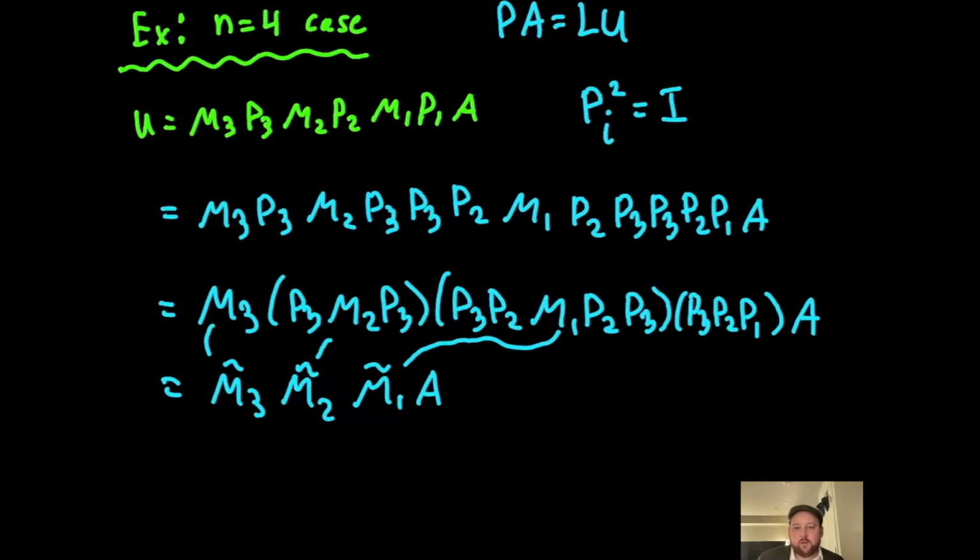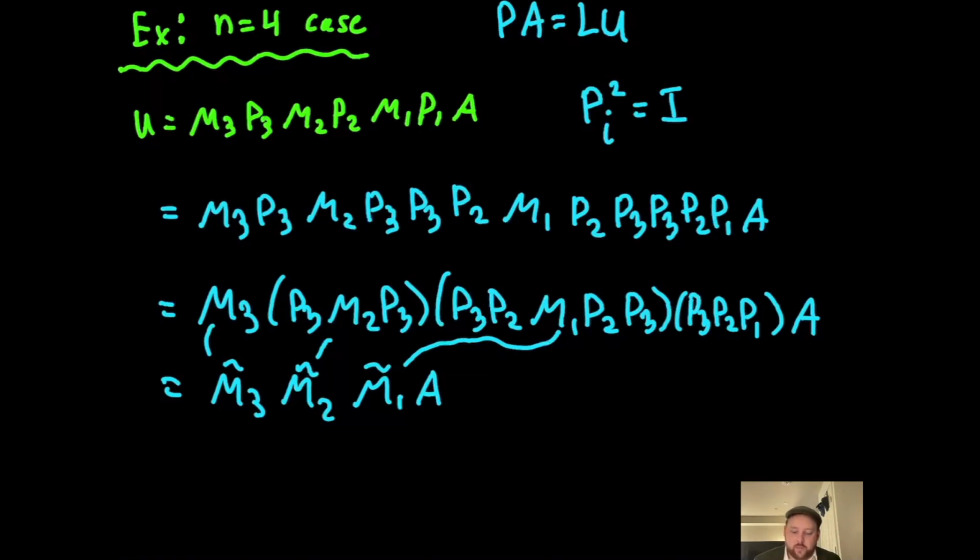If you remember, these elementary matrices looked like the identity within one column where below the diagonal they could be non-zero. So these tilde versions of M are going to be of the exact same structure, but some of those non-zero sub-diagonal entries in that column will be permuted. I'm going to show you an example of this on the next slide. But that's the idea, that we can show this is all the case.